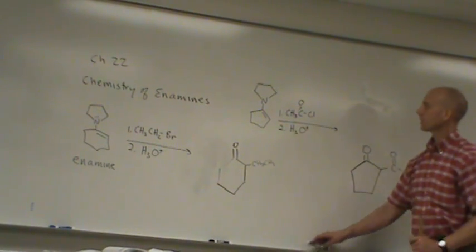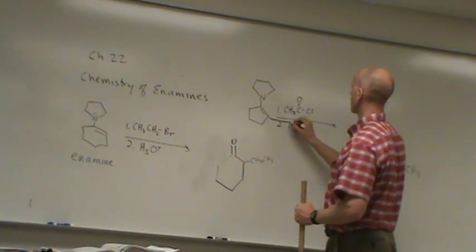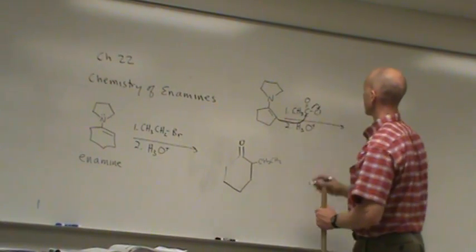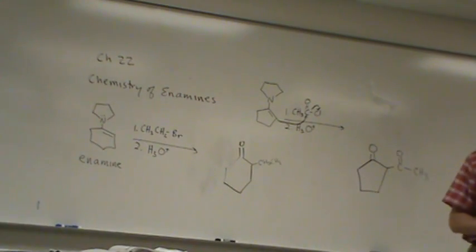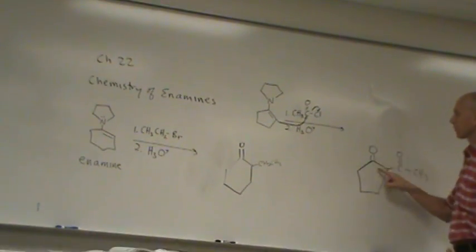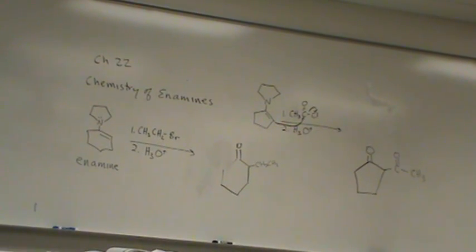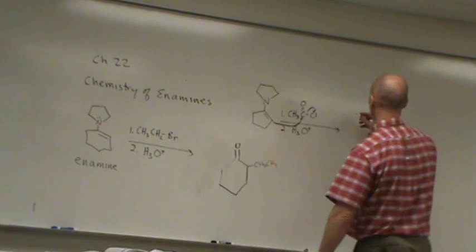Okay, so acid chloride, so this carbon here attacks, kicks off the chlorine. Then the H3O plus cleans that up, converts it to the carbonyl. So this reaction here was an acylation reaction.